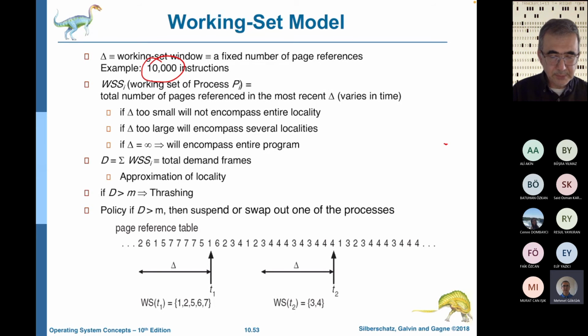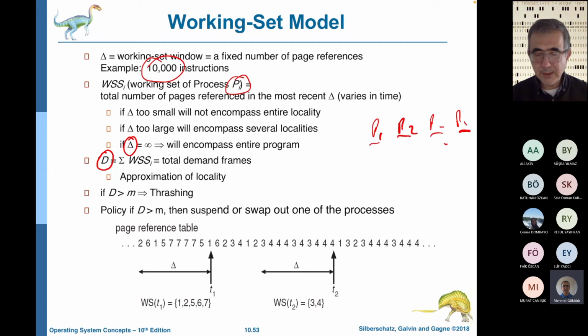So, for each process, there is a working set determined by delta. So big D is the sum of small deltas of P1, P2, P3, Pn. So the sum of these working sets gives me D. If D is bigger than what I have, then there will be thrashing.